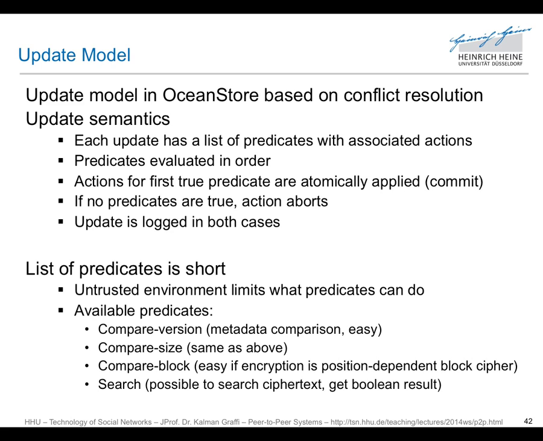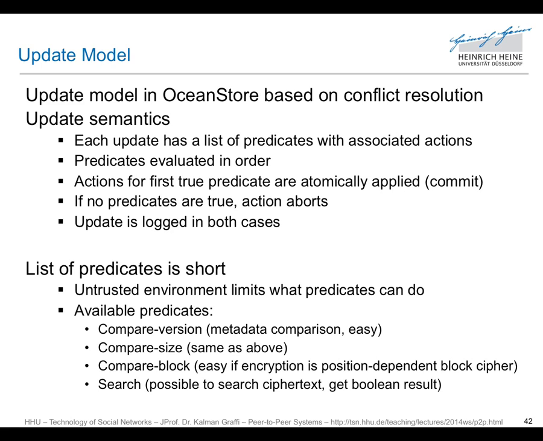So only if the base version that is going to be changed has this specific size. That makes sense for patches to data objects, because if you don't know what you change, then maybe you shouldn't. So you can specify first what should be the base that you want to apply your change on. Now these predicates can be evaluated, and if they are correct, then the change can be applied.